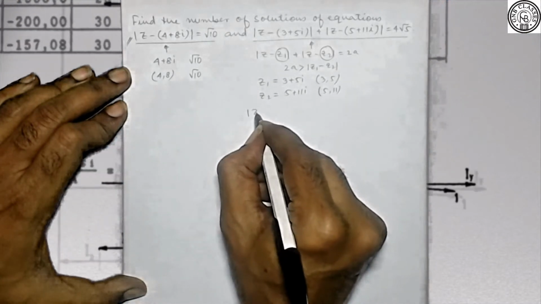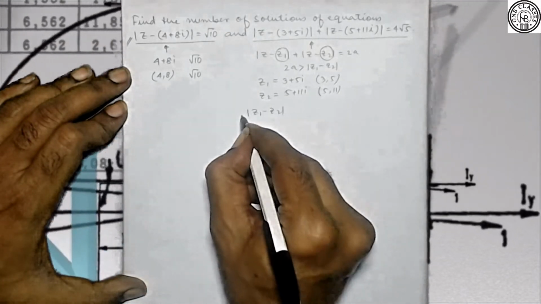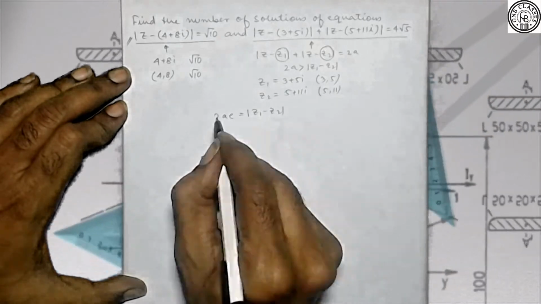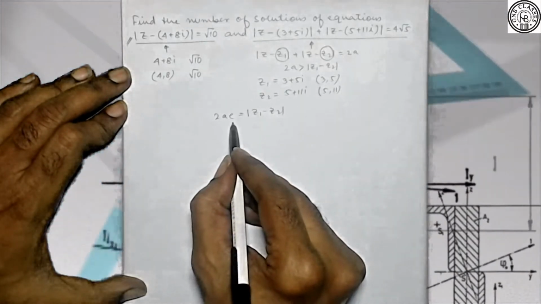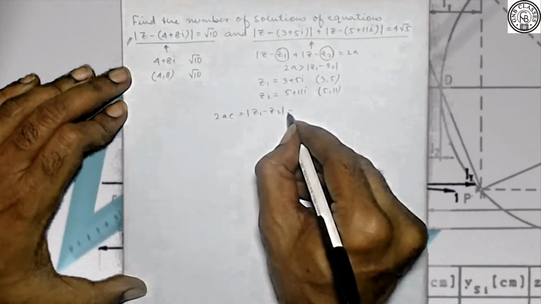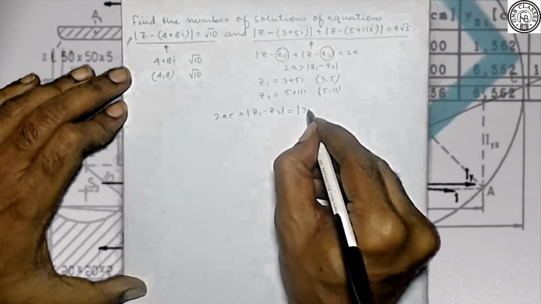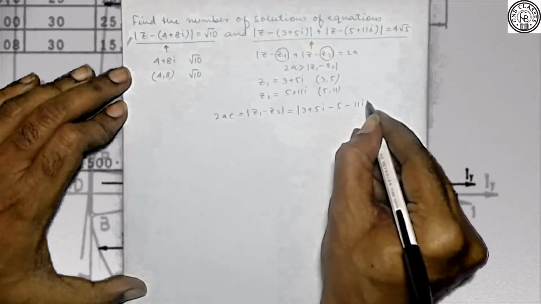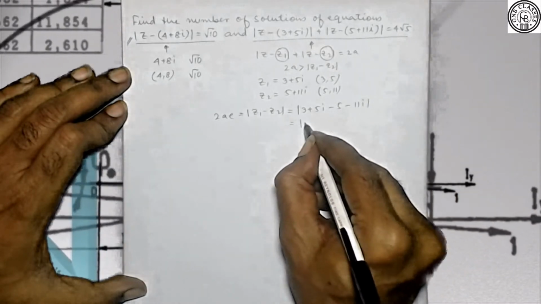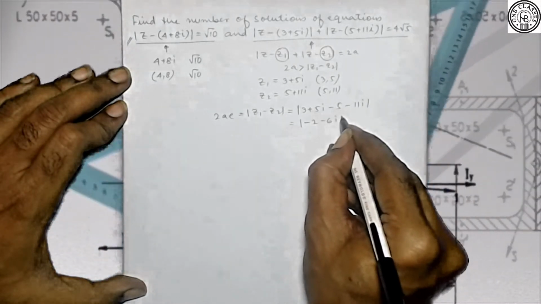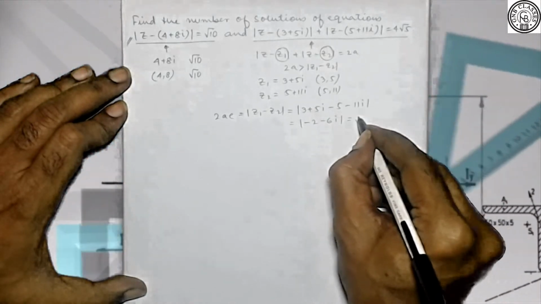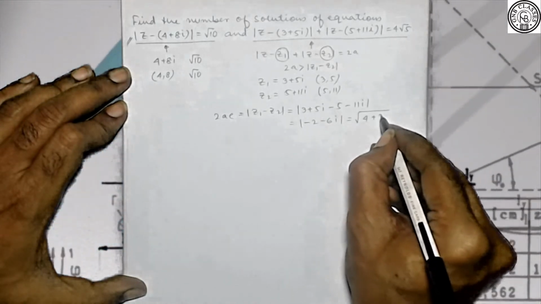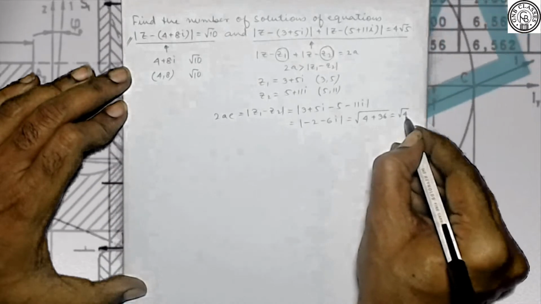Now, the distance between the foci, which is nothing but 2AE, where E is the eccentricity of the ellipse, let me just calculate this. So this gives us under root 4 plus 36, that is under root 40.